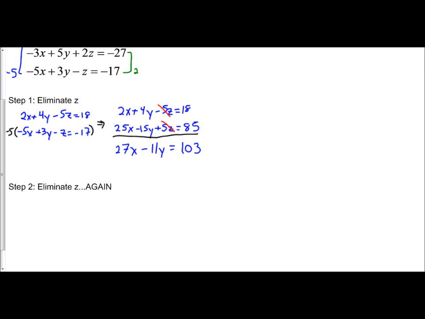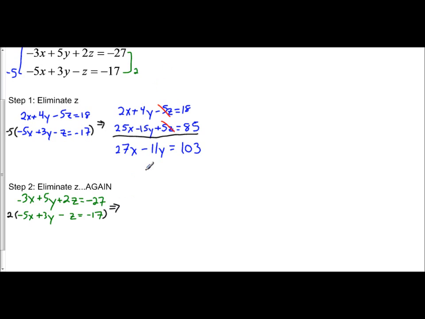I'm going to keep the second equation as is of negative 3x plus 5y plus 2z equals negative 27. Now the bottom equation of negative 5x plus 3y minus z equals negative 17, I said I'm going to multiply by 2. That will give me a negative 2z here to eliminate the z.